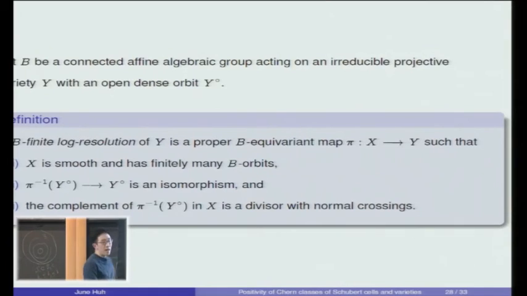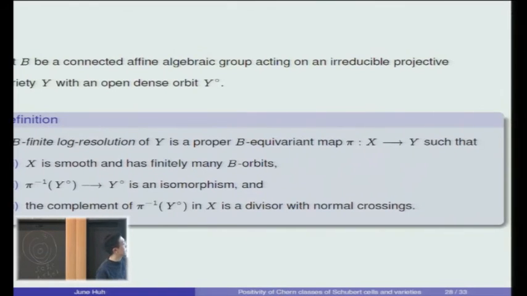And the property that I want is that these varieties with open dense B orbits have a very nice kind of resolution of singularities that respect the group action. So I'll say that an equivariant resolution of singularities of my projective variety Y is B-finite if, well, it is a normal crossing resolution in the usual sense.